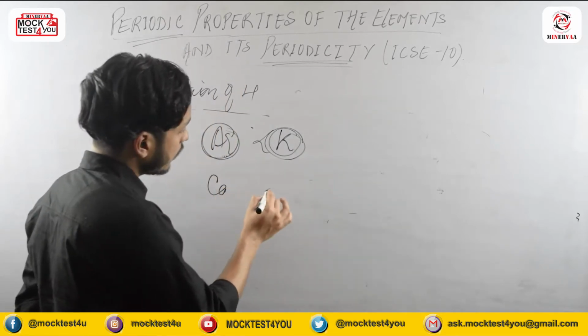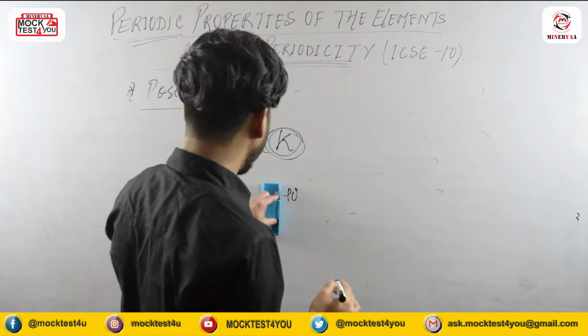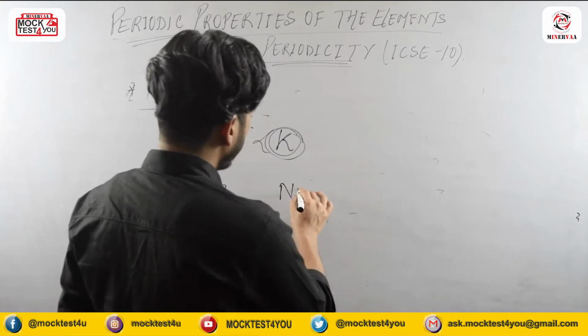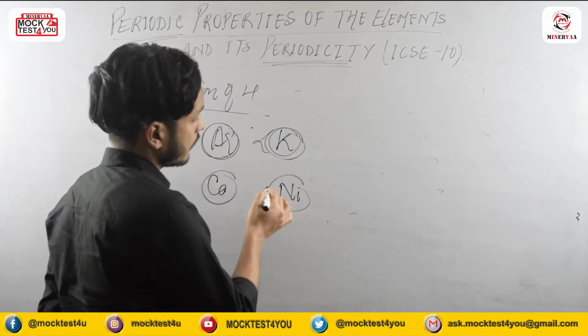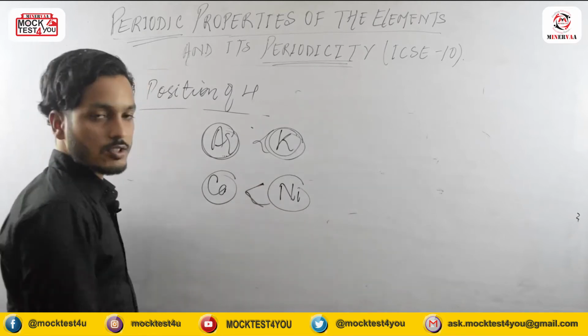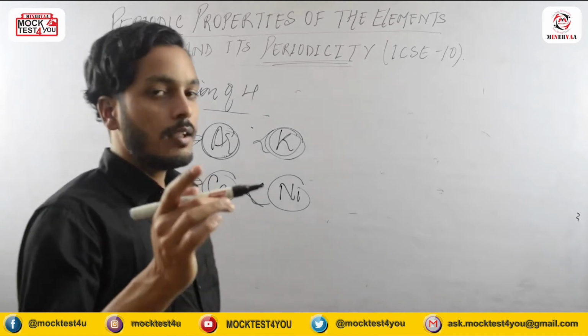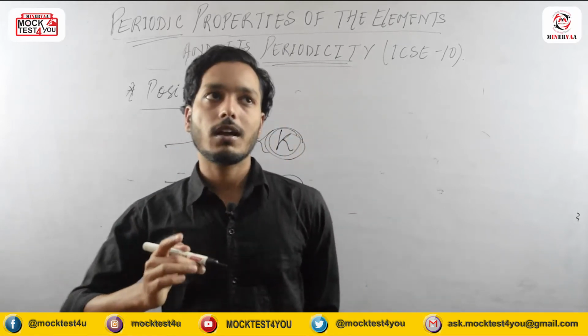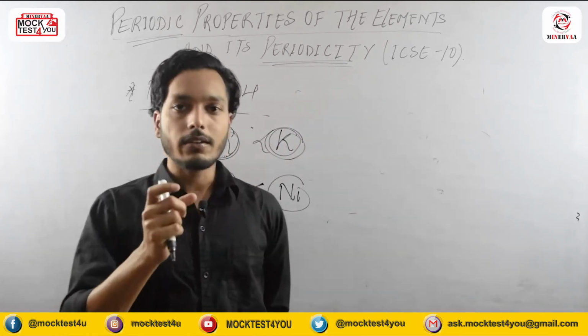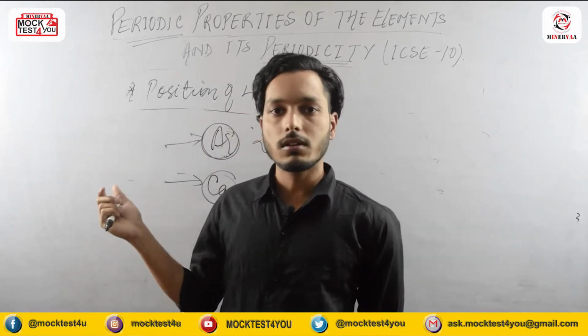In the same way, if we talk about cobalt and nickel, he placed cobalt before nickel, right? So I hope you are understanding this. This was a major drawback of Mendeleev's periodic table. He generally focused on the properties, not on the atomic mass.